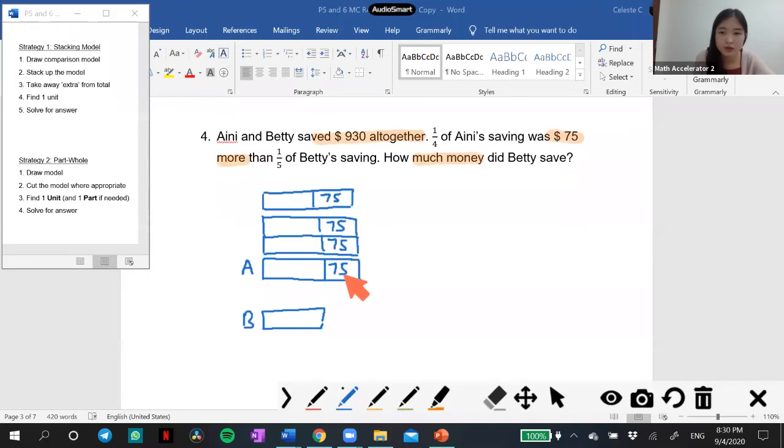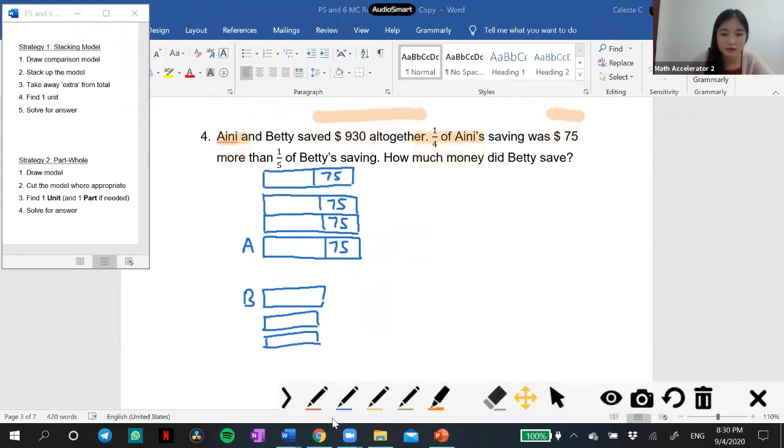So this is 1/4, 2/4, 3/4, and then 1 whole. 4 out of 4. How about Betty? 1/5. So you only have 1/5 here. You need to add 4 more to have space. Bring it up. 1, 2, 3, 4, 5.